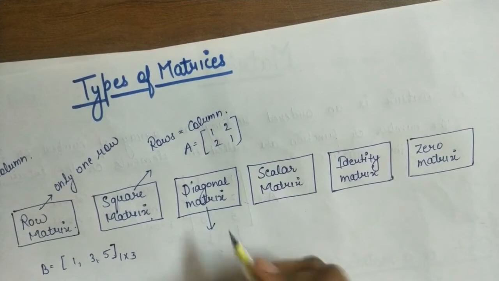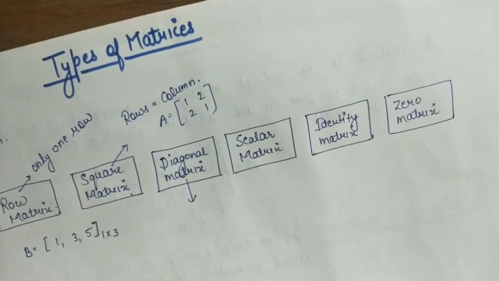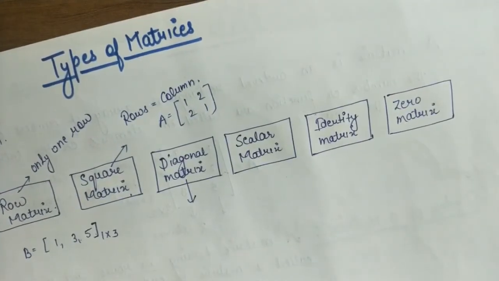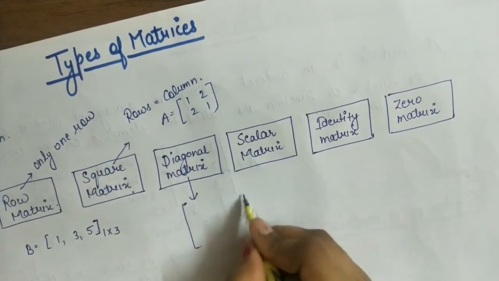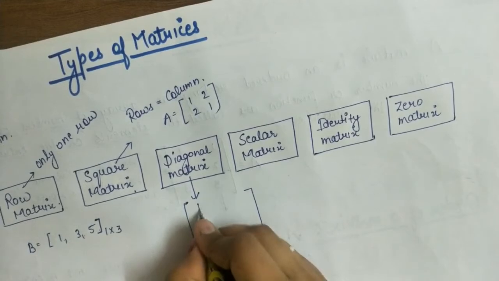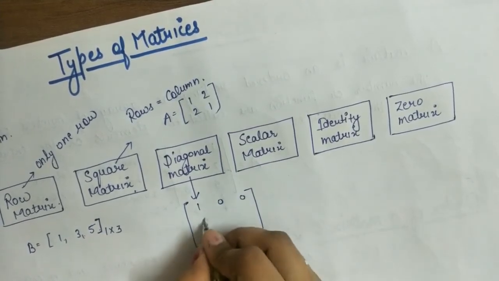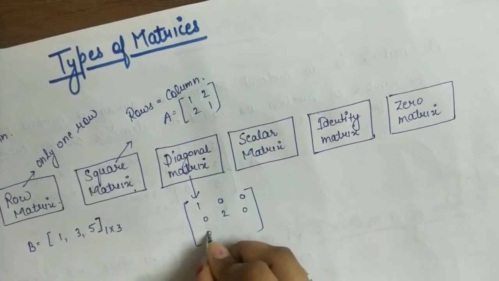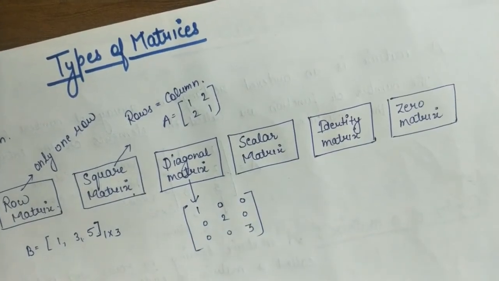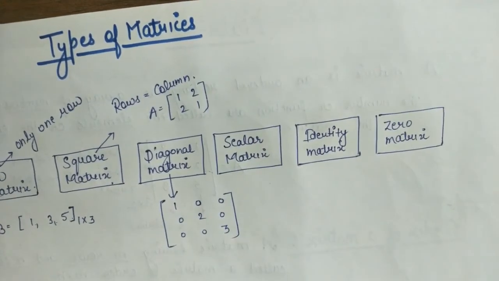Diagonal matrix. A matrix is said to be a diagonal matrix if all its non-diagonal elements are 0. This is a diagonal matrix. Scalar matrix.